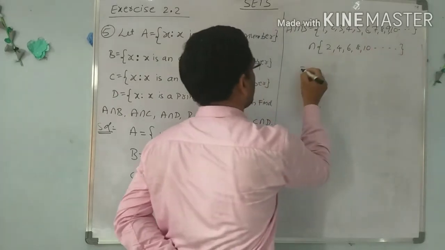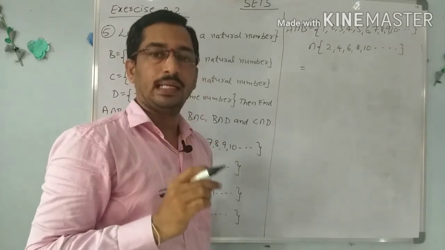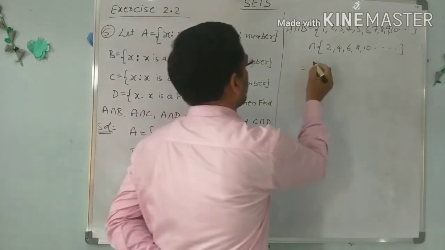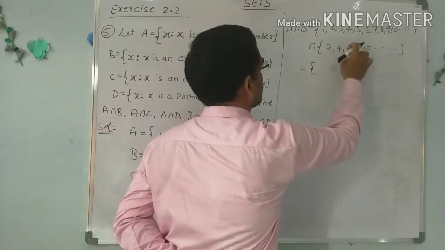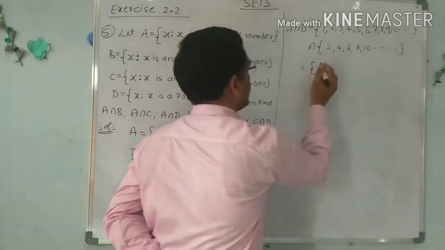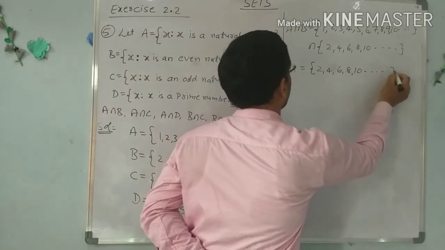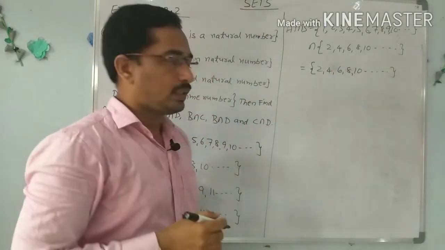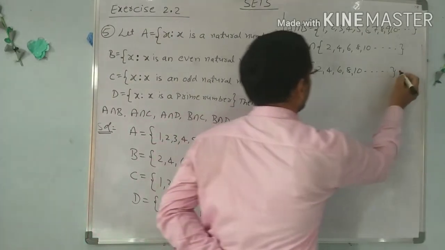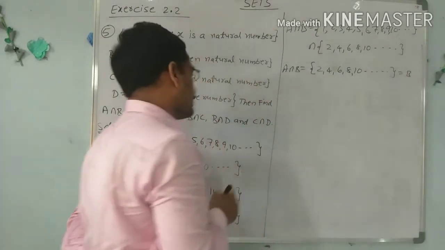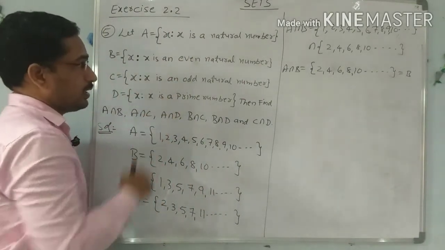So these are the elements of B. Intersection means only the common elements, that is, X belongs to A and X belongs to B. So write the common elements: 2, 4, 6, 8, 10 and so on. Again it is the even number set. So A intersection B equals B, because A is the biggest set and B is a subset of A. So the smallest set is B.